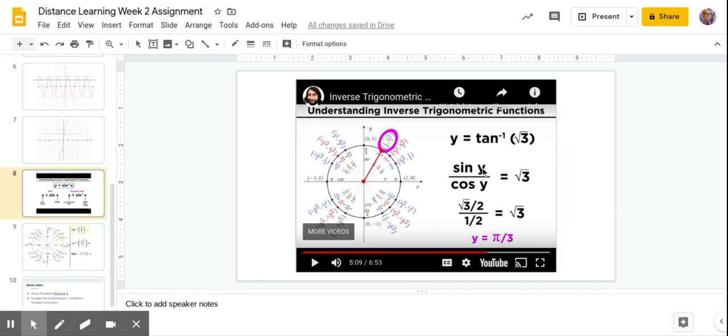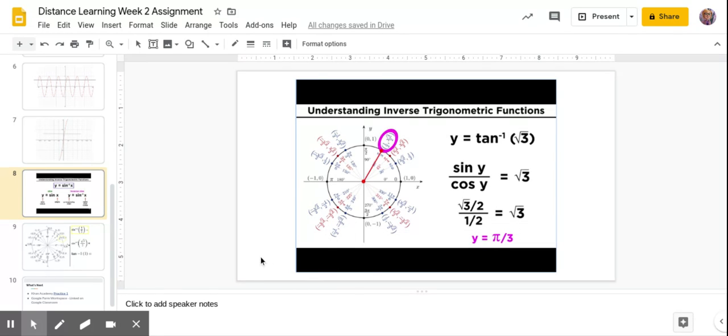Tangent is sine over cosine, so what sine over cosine is going to give you √3? Well, we know that √3 over 2 over 1/2 gives us √3. So that's why this is pi over 3. Of the common angles, that must be pi over 3, since √3 over 2 divided by 1/2 is the same as √3 over 2 times 2, which equals √3.